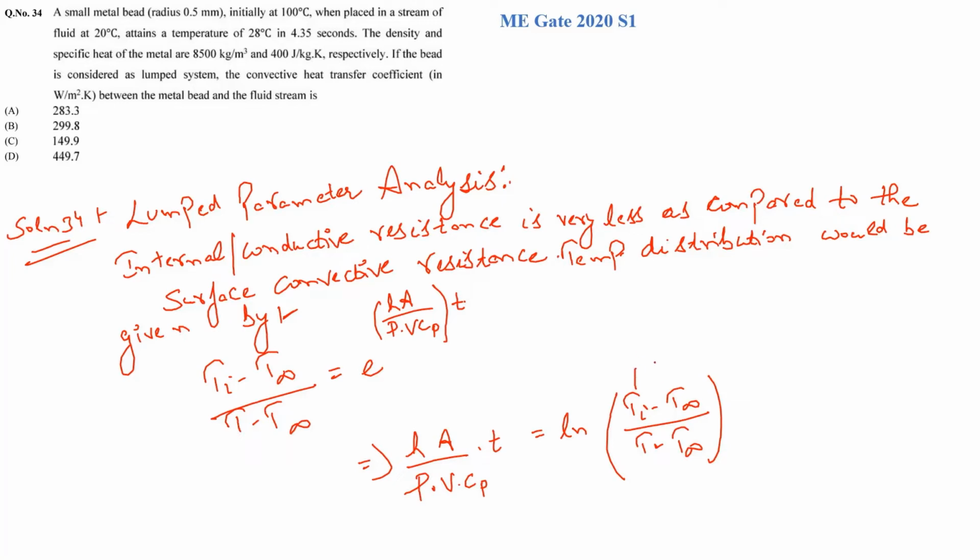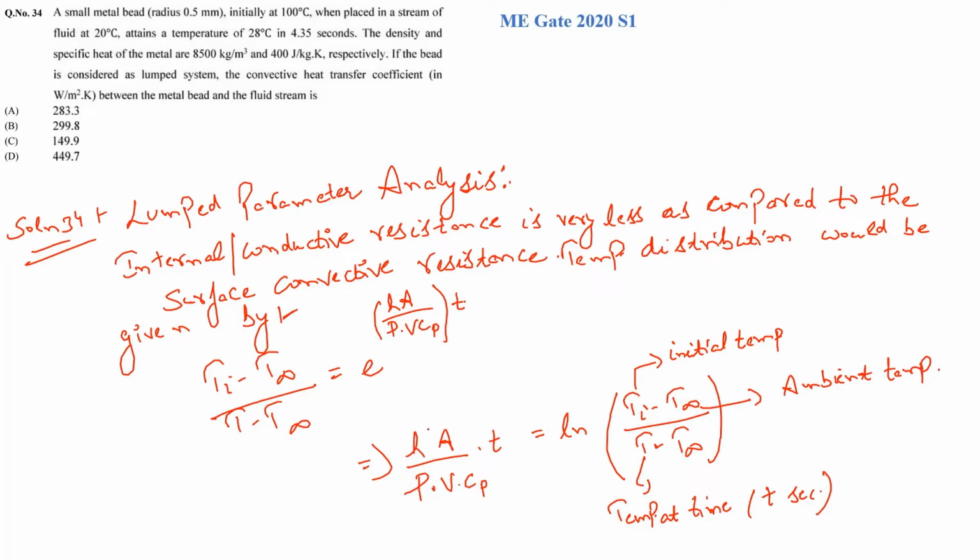Where Ti is the initial temperature, T is the temperature at time t seconds, T infinity is the ambient temperature or the temperature of the surroundings, rho is the density, h is the heat transfer coefficient, A is the area, V is the volume, and Cp is the specific heat.